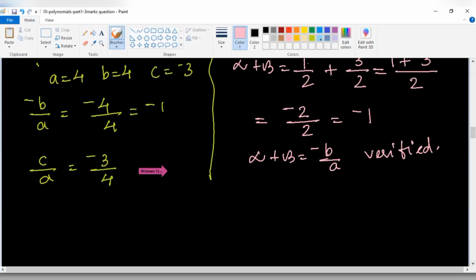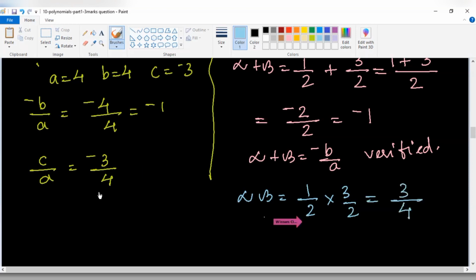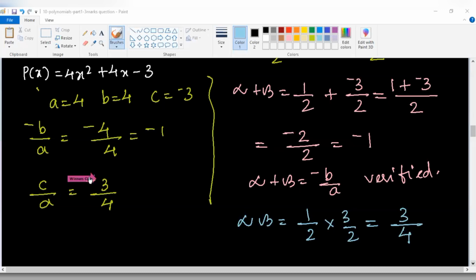Similarly, let us check the value of alpha beta. Alpha beta is 1 by 2 into 3 by 2. Okay, listen.